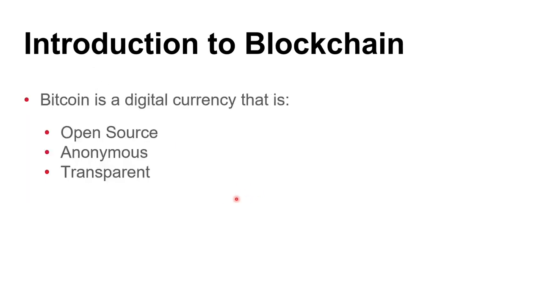Bitcoin is a digital currency. Bitcoin is open source, so the source code can be downloaded and run on any computer. Bitcoin is also anonymous. We often see anonymity with public blockchains.